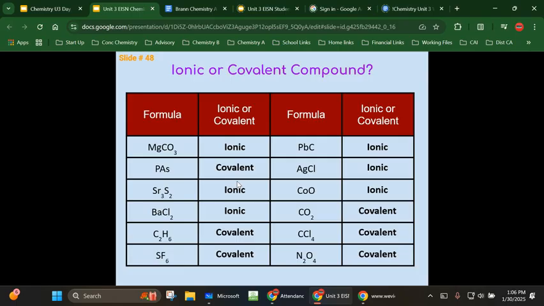It's not reduced. Sometimes you're going to look at it and you may miss the fact that it's not a metal at the start or that it's not a nonmetal. If you see something that should be reduced and isn't, that's another sign that it's a covalent compound.